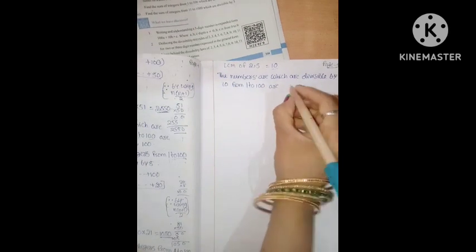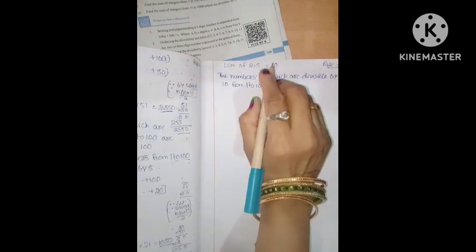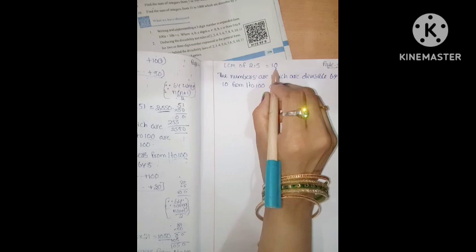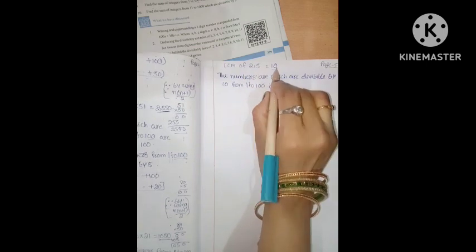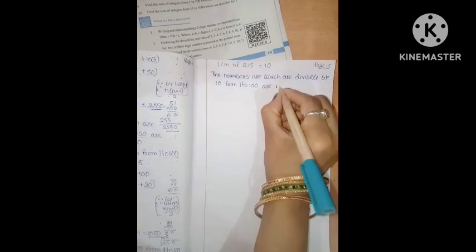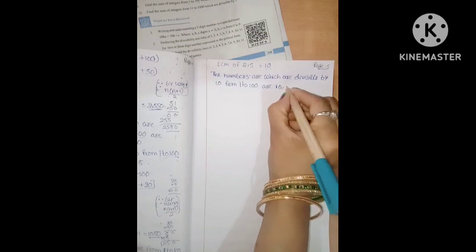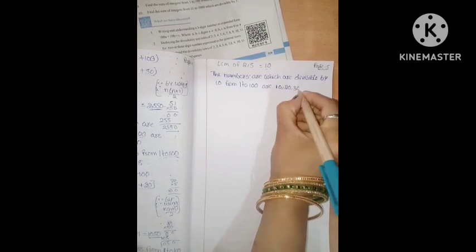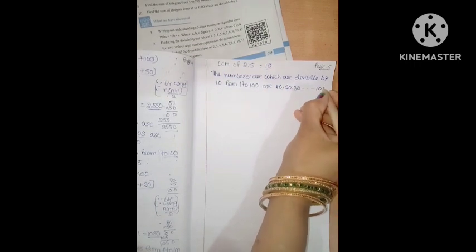Why? Because the LCM of 2, 5 equals 10 only. So the 10 multiples we write: 10, 20, 30 and so on up to 100.